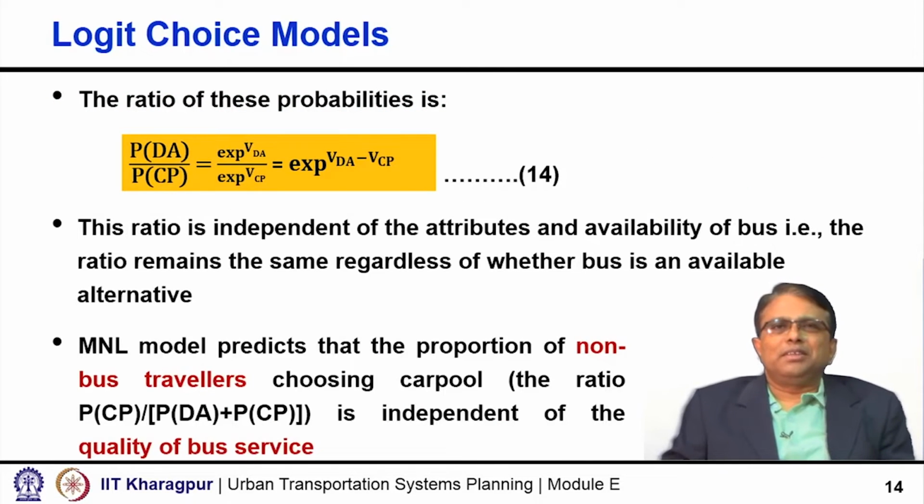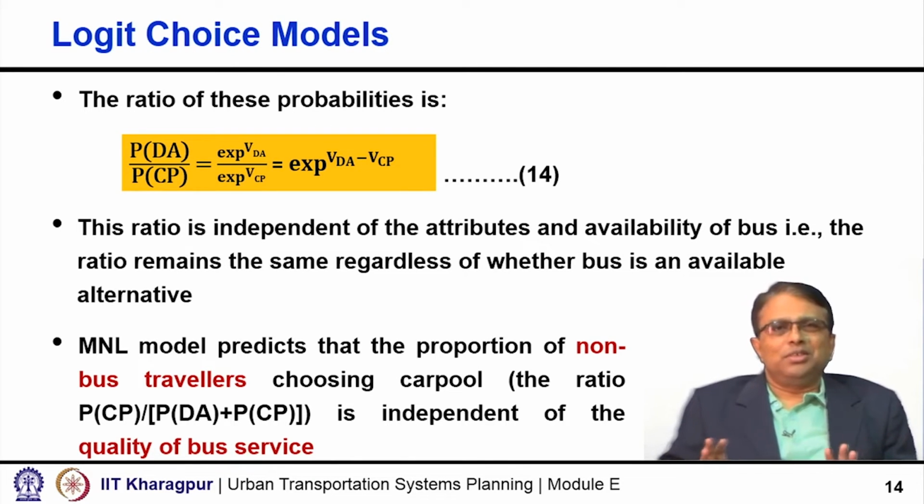So, now if I take the ratio, what does it say? It says the probability of using drive alone divided by the probability of using carpool, the ratio of probability of taking 2 alternatives, equal to e to the power V_DA minus V_CP. So, it is controlled by what? Controlled by the deterministic component of utility of drive alone and the deterministic component of utility of carpool, irrespective of what happens to the bus.